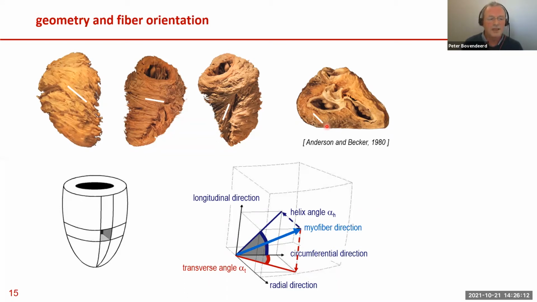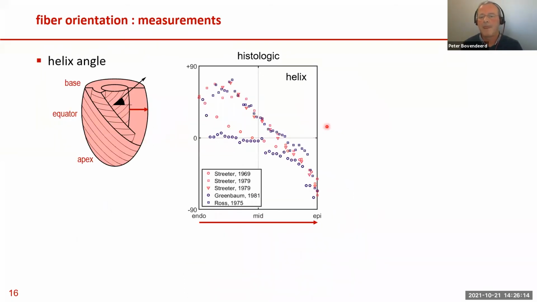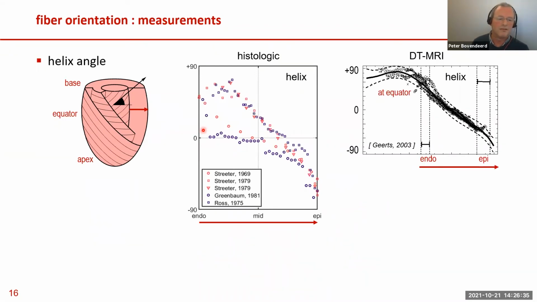Quantifying these angles is not so easy. Here you see some measurements. These are histological measurements, and you see at this location in the wall, from the inner wall to the outer wall, the results of various investigations. So there's quite some variation in these findings. You can try to do better using diffusion tensor imaging. This is work performed by my former PhD student Lisbeth Geerts.